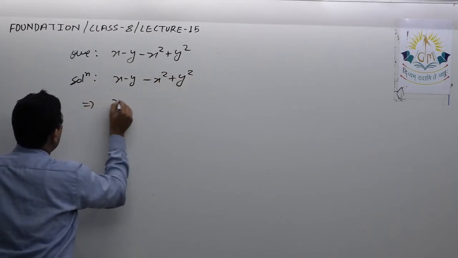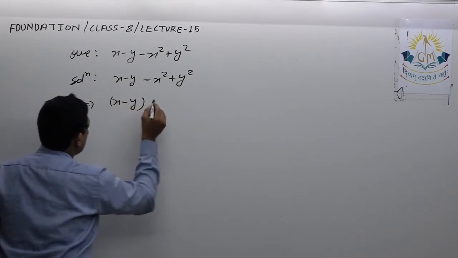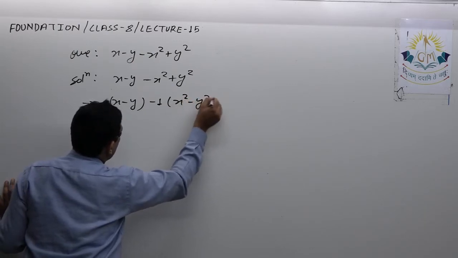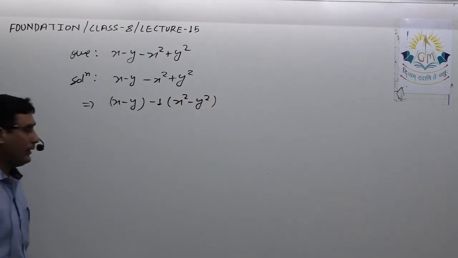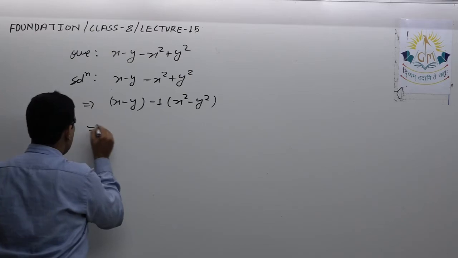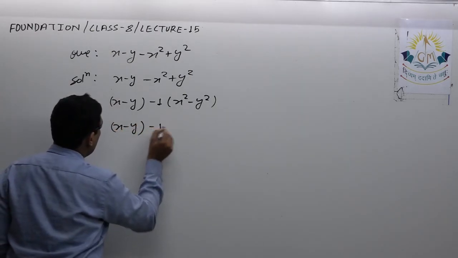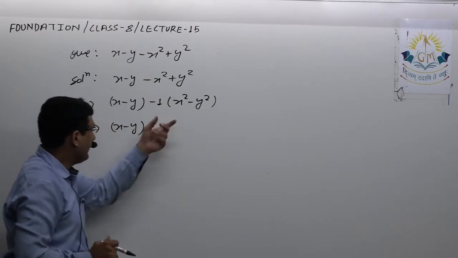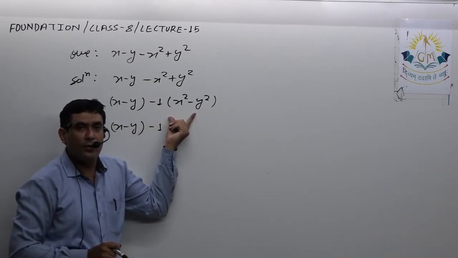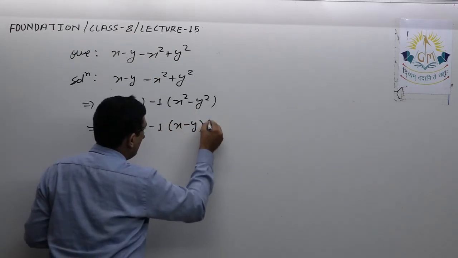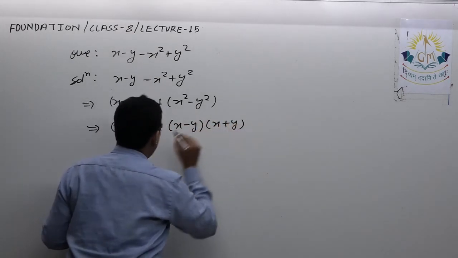Now I write x minus y as it is. Now from these two I can take minus 1 common, so this gives me x square minus y square. So x minus y as it is, now minus 1 remains as it is. Now here I can apply the identity of a square minus b square, so this will become x minus y, x plus y.